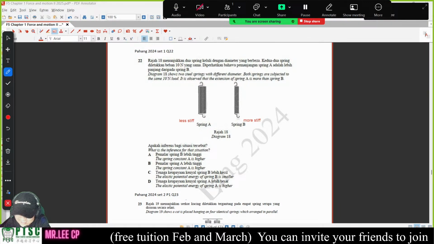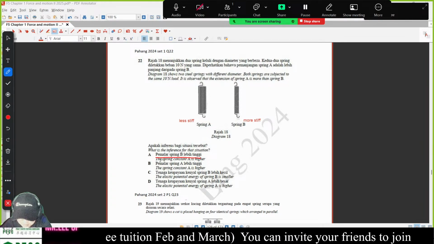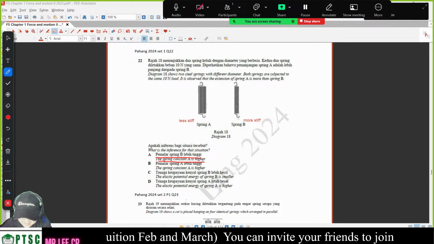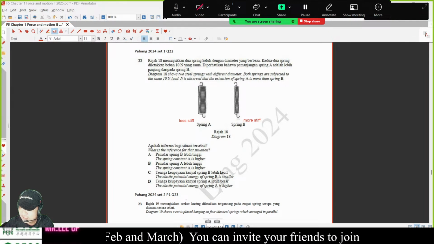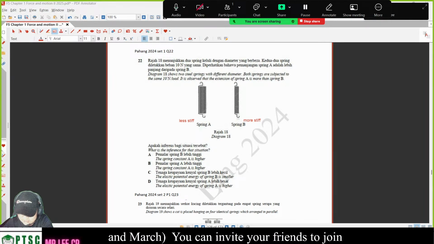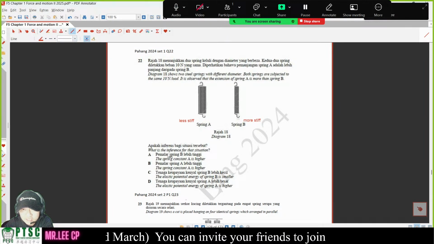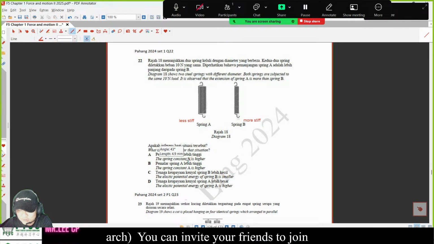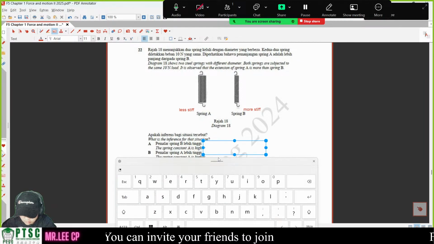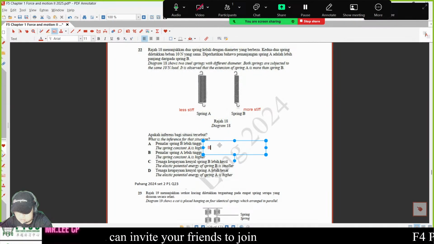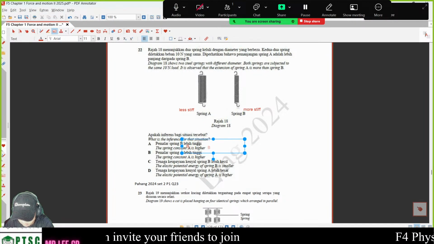You see, spring B should be higher, but the option says type A is higher. So I change it. This one is supposed to be B. If not, cannot do. You follow the BM one because sometimes they got a typo.